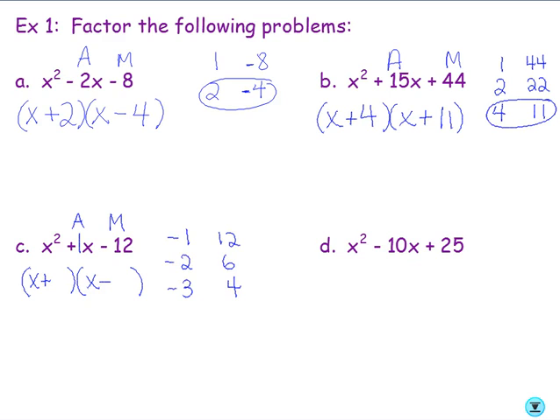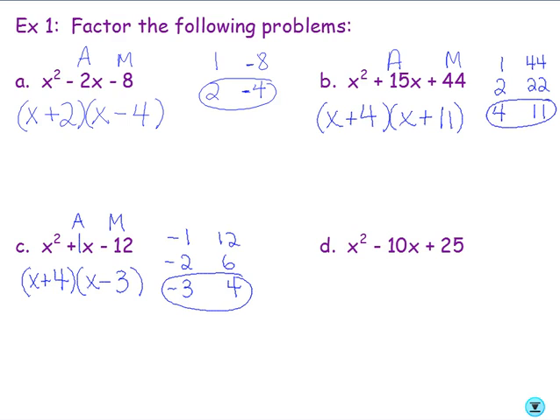Which pair adds up to a positive 1? Well, if you add negative 1 and 12, you get 11. Negative 2 and 6, you get 4. Negative 3 and 4, oh, there's your 1. So I'm going to put the 3 with the negative and the 4 with the positive. By the way, it doesn't matter which order you put them in, as long as the right signs are with the right numbers.